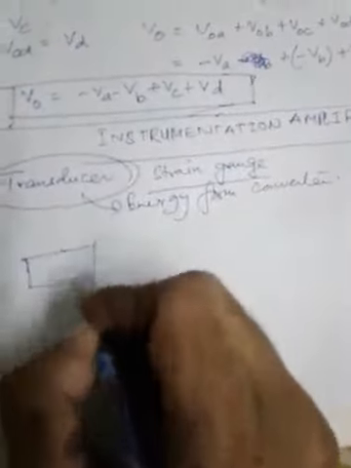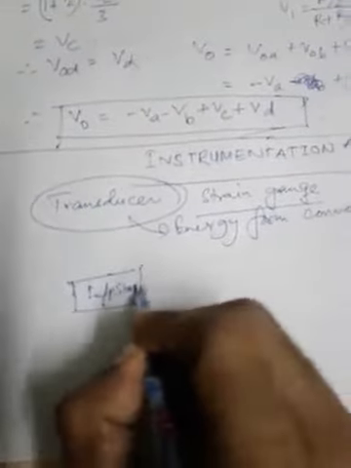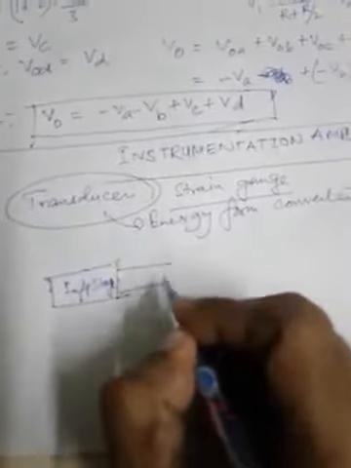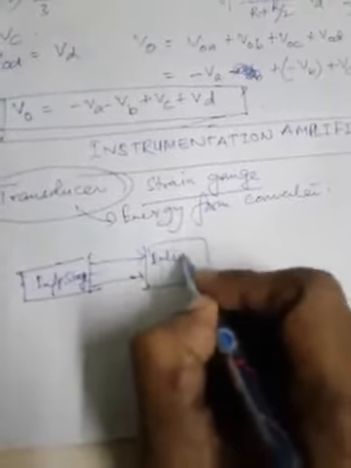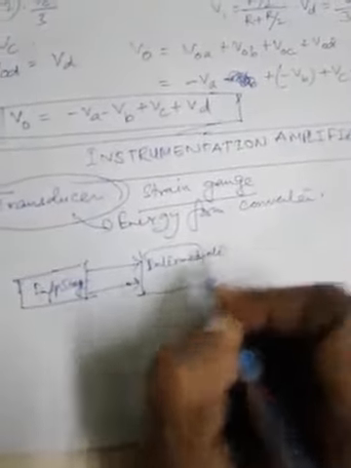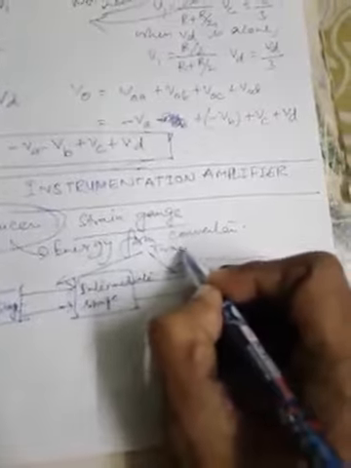There is an input stage which is connected to an intermediate stage, and then it is connected to an output stage, and the connection is done through what are called transmission lines.